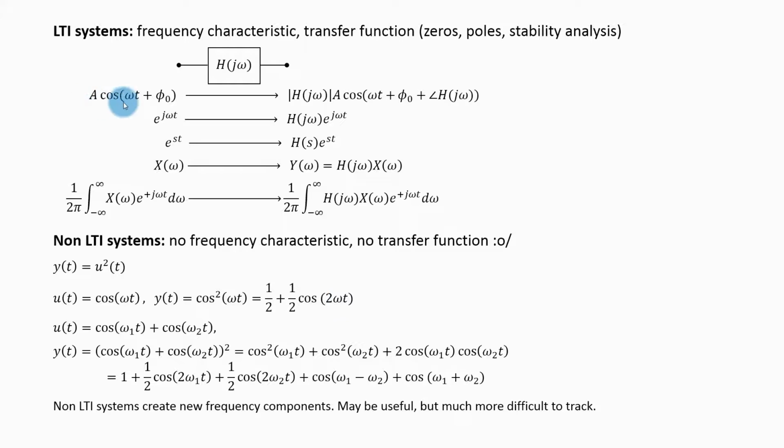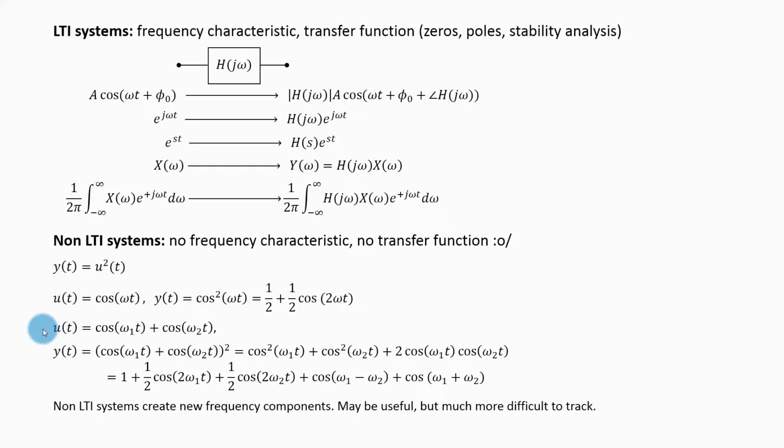So you no longer have this relationship. A nonlinear system can take a cosine at one frequency and it can create a signal that contains completely different frequencies. This is considerably more complex behavior than what we were used to with the LTI systems.